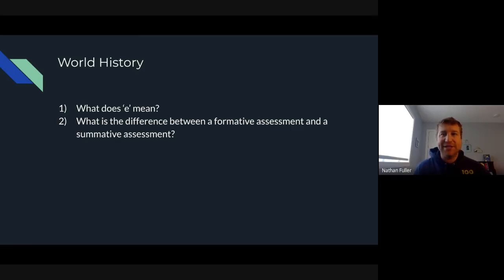Some of you are still missing the Industrial Revolution summative assessment that needs to be completed. If you're missing an Ed Puzzle, that does not need to be completed. Ed Puzzle would be formative assessment, and then quizzes or a Socratic would be a summative assessment. So summative, you need to get done. Formative, it's going to help you, but it's not going to count against you if you don't.